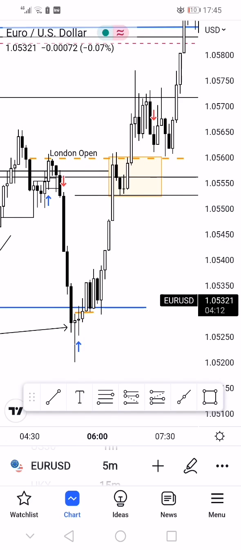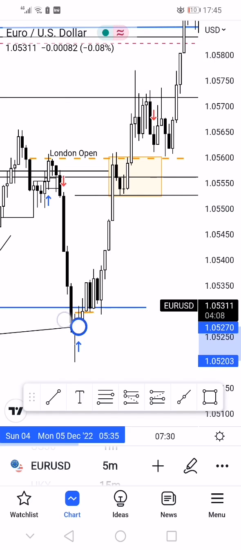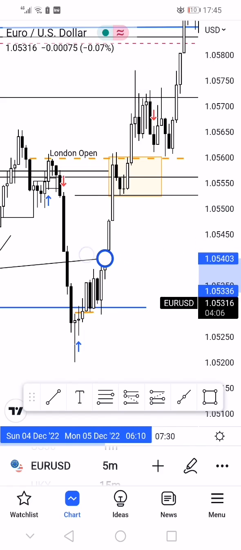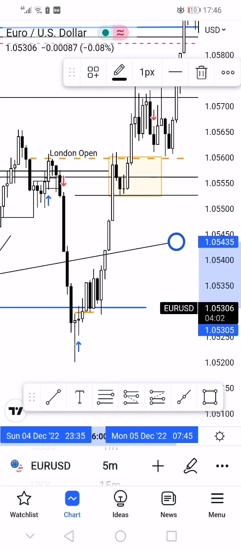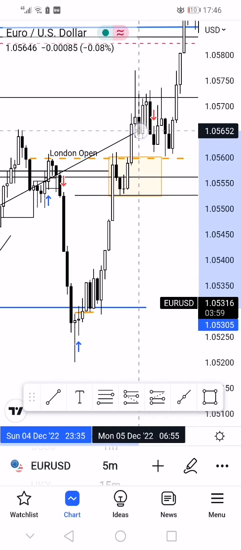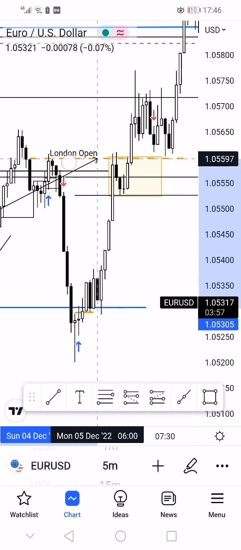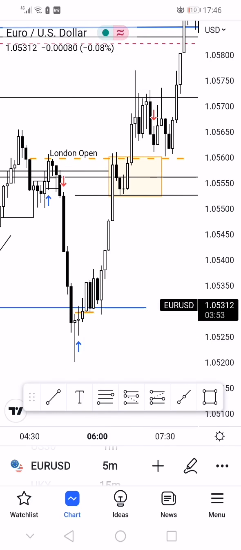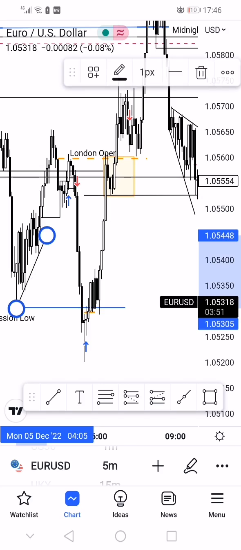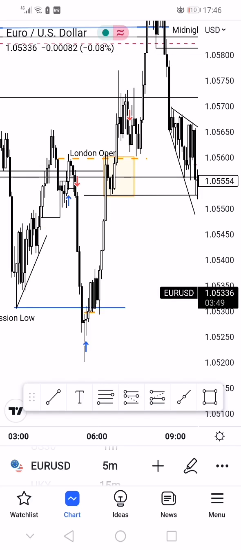So after coming to the London Open now, let me drag my arrow. Okay, so after coming now above the London Open, at times I'd advise that you start considering taking partials over here.